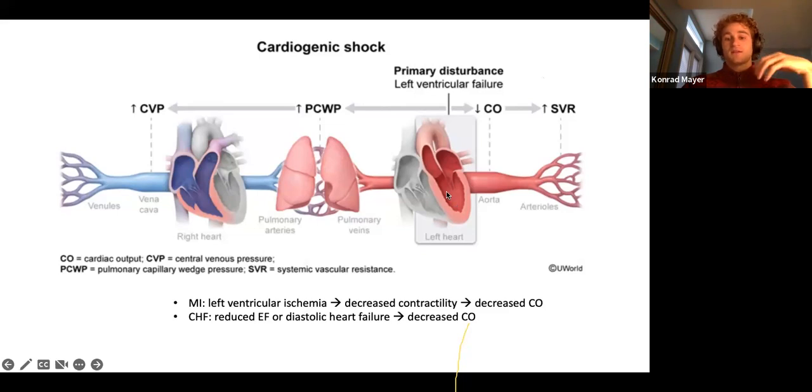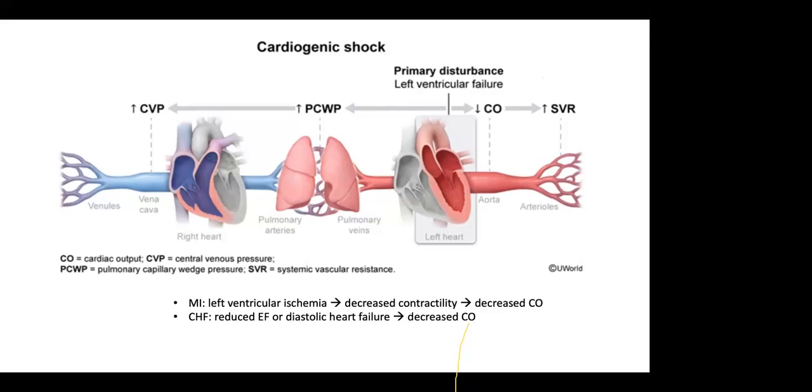This means if the left heart is broken, the function of the left ventricle is to pump blood into the periphery. So if we don't have this left ventricle working, we have decreased cardiac output.